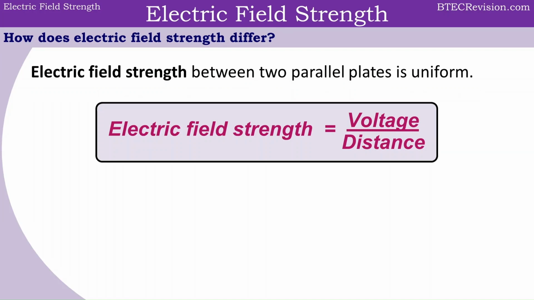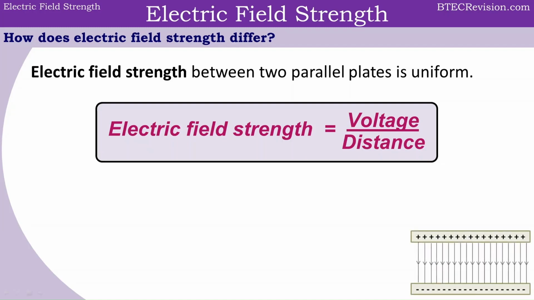The electric field strength can be different depending upon which object we're looking at. For example, if we take two parallel plates that have opposite charges, like in the diagram below, we have the top charge of positive, bottom charge of negative, and we have electric field strength that is uniform, which means that it's unchanging.